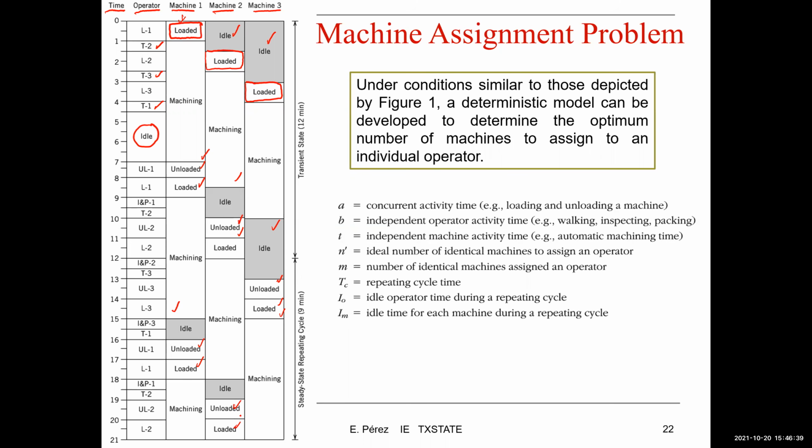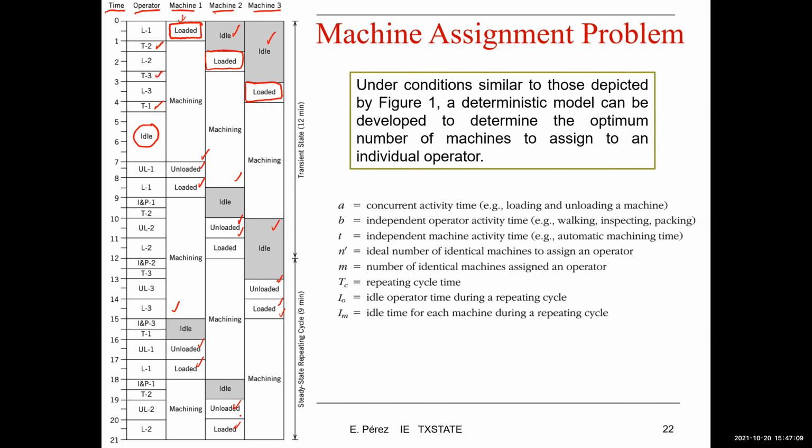Under conditions similar to those depicted in this figure, a deterministic model can be developed to determine the optimal number of machines to assign to an individual operator. So we have the parameters associated with this model. We have A, the concurrent activity time, which is basically the loading and unloading of a machine.